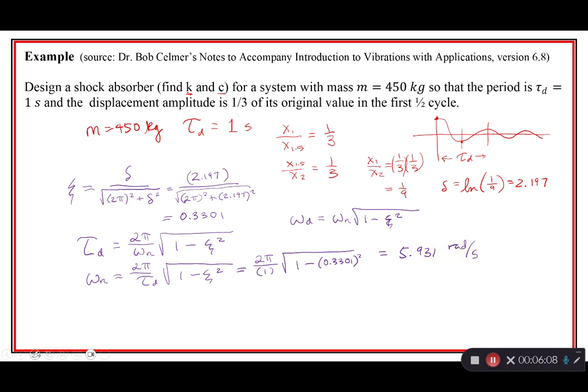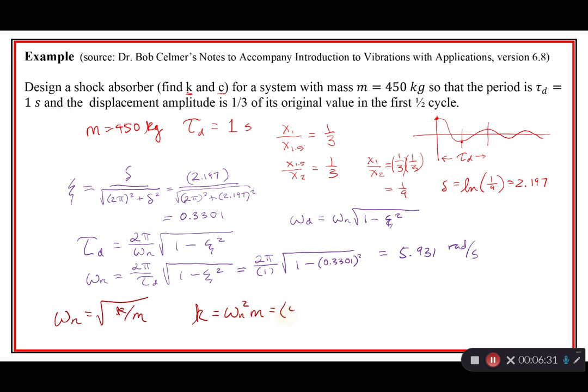Alright, so now that we have that and we know the mass, we can find out what the spring rate has to be. Because natural frequency is equal to square root of k over m, therefore k is equal to natural frequency squared times the mass.